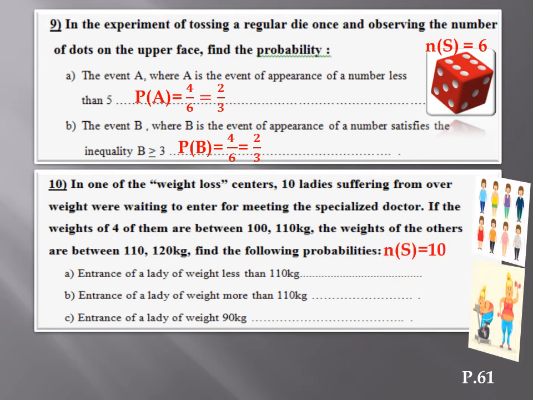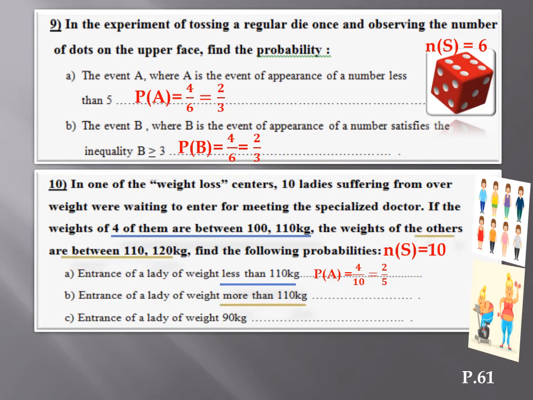The probability of a lady whose weight is less than 110: we have 4 ladies whose weight is between 100 and 110. The probability is 4 ladies over 10, which equals 2 over 5.